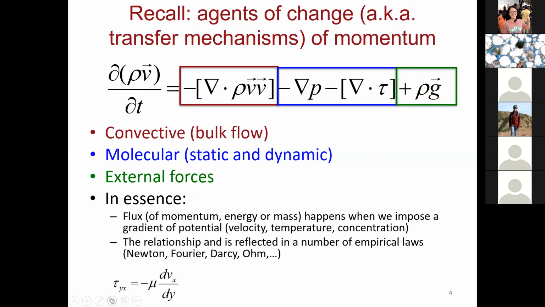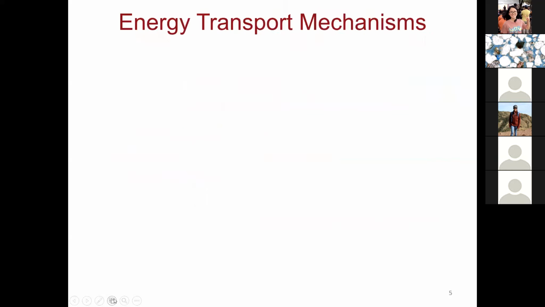As a result, we had shear stresses expressed as a tensor. In terms of energy, this is going to be a little simpler because temperature is just a scalar field. So I have a gradient of temperature, which is a vector field, and I don't need tensors anymore. So that's the good news.